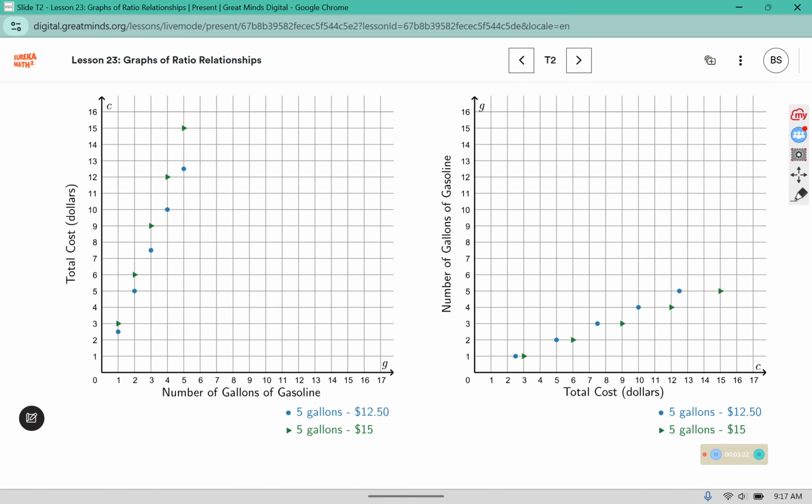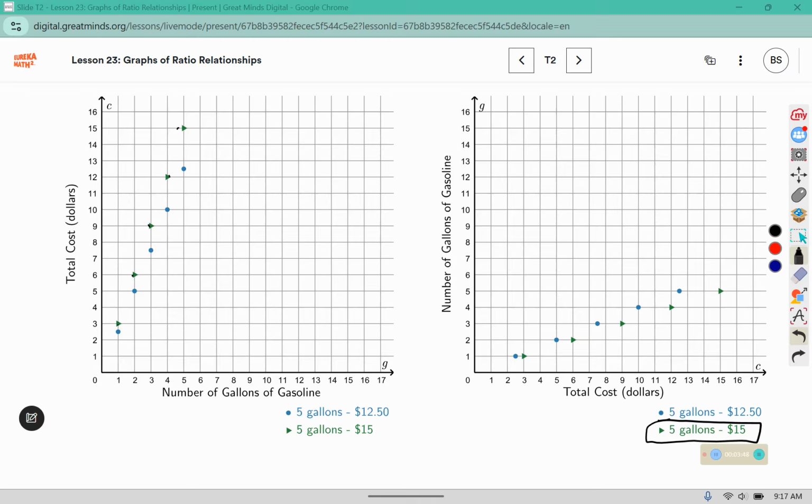But we see in this one that the green is more expensive for 5 gallons. So it's easier to read this graph because the green triangles are higher than the blue dots, versus in this graph, the green is lower, even though the cost is more expensive for the same amount of gallons.